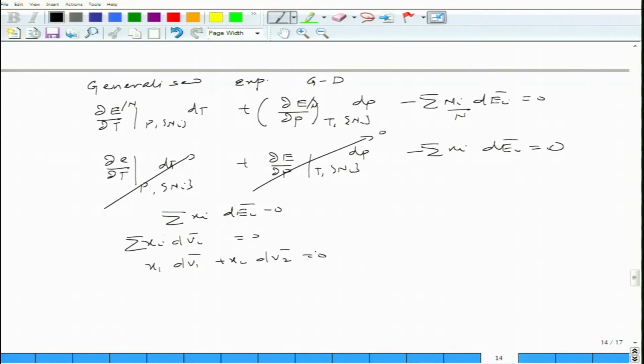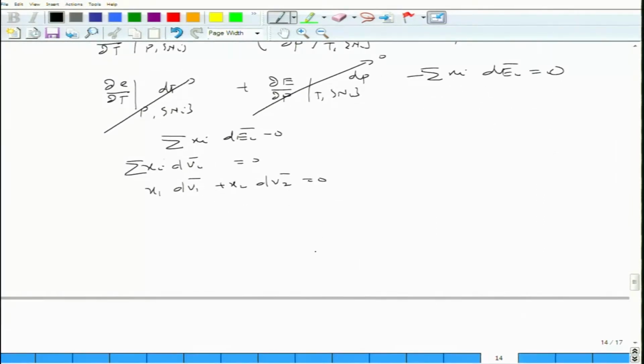Now, if you take a derivative with respect to x1 then you can show that this is nothing but, in general I can write it, but let me just write it for volume. Okay.